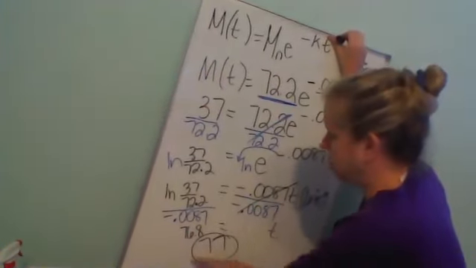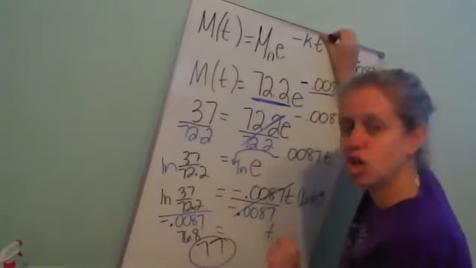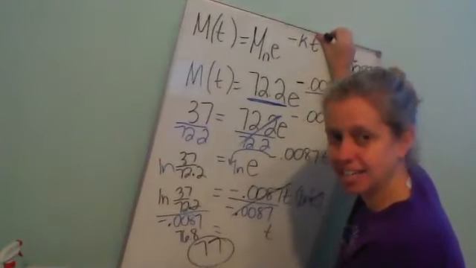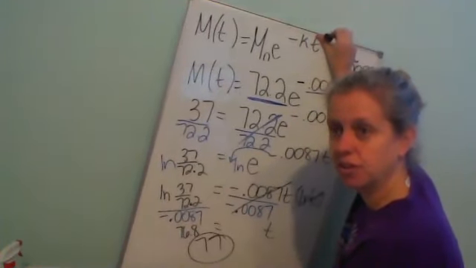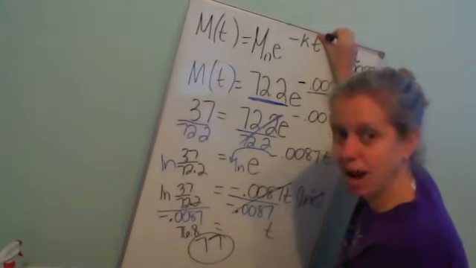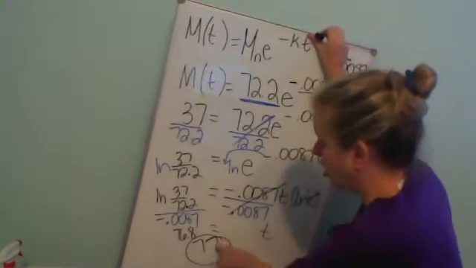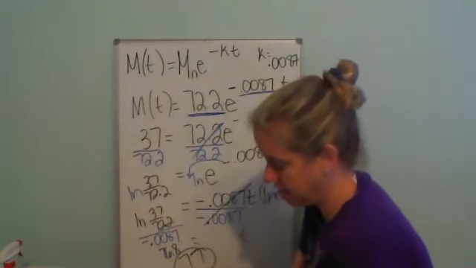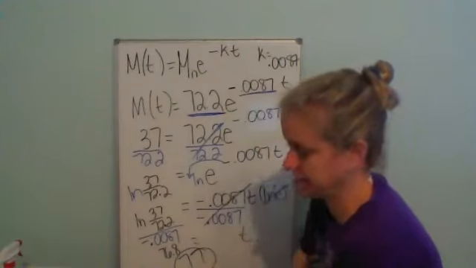So let's think about what this means. This is the number of years after the starting date. What was the starting date of the problem? It was 1960, right? That was the starting date in the chart. So I need to add that 77 to the 1960.